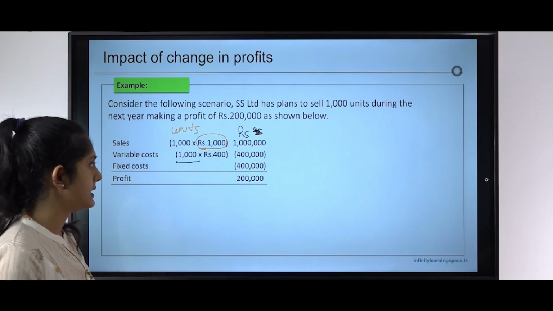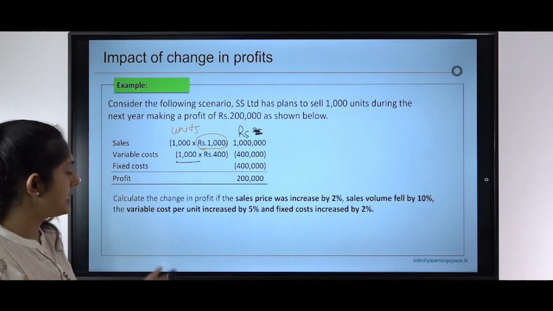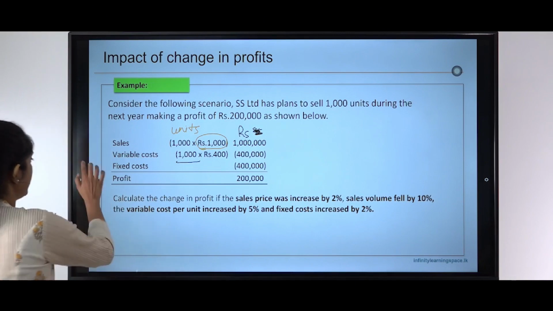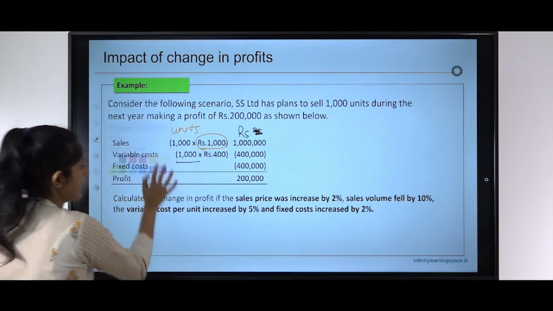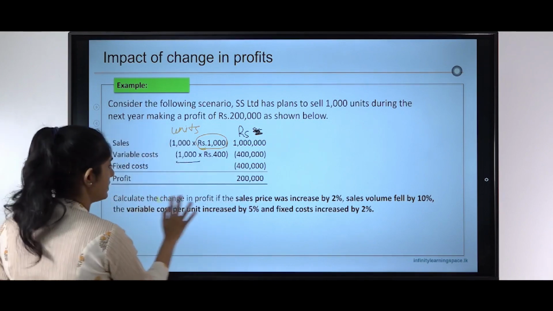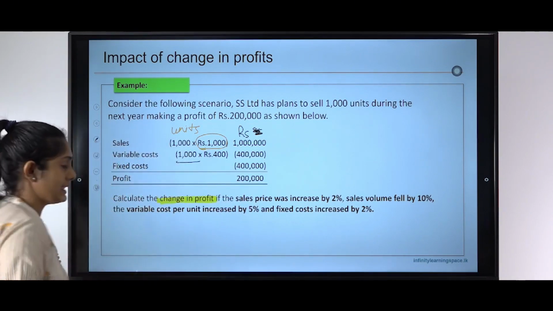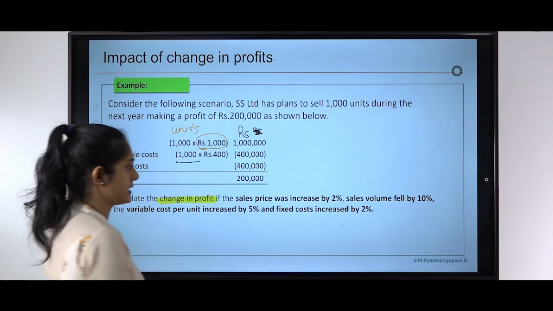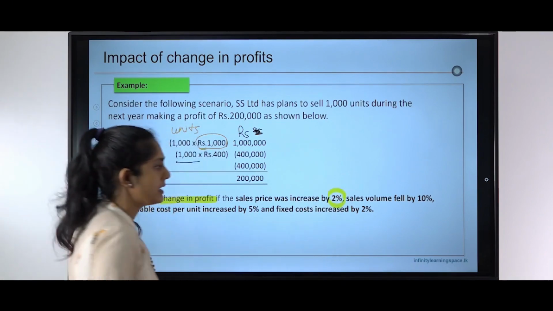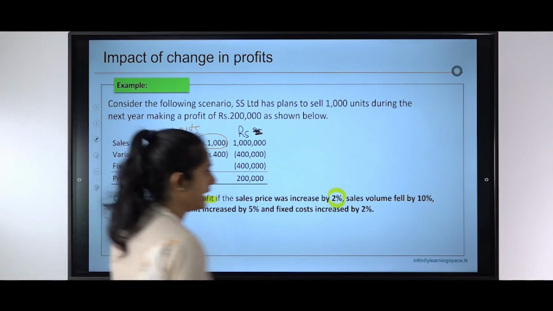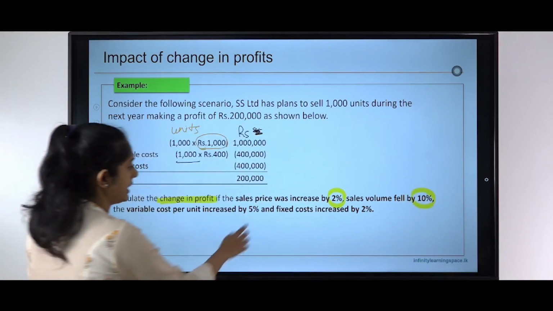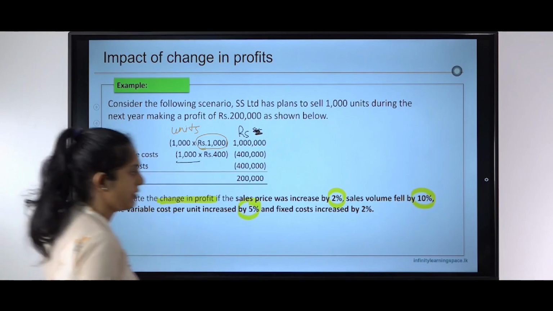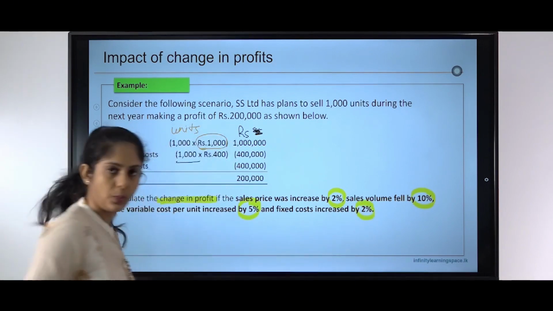Now what the question says is, calculate the change in profit. Remember, you have to calculate the change in profits if sales price was increased by 2%, sales volume fell by 10%, variable costs per unit increased by 5%, fixed costs increased by 2%.